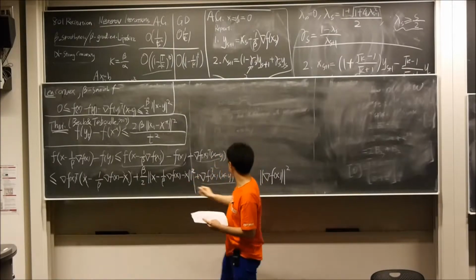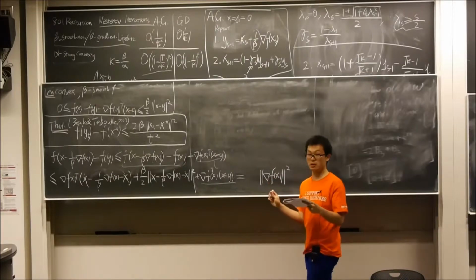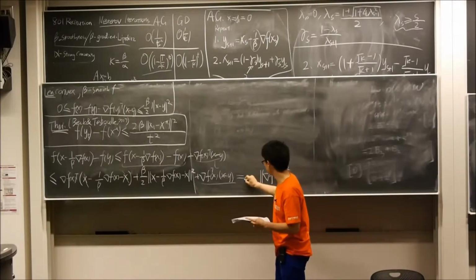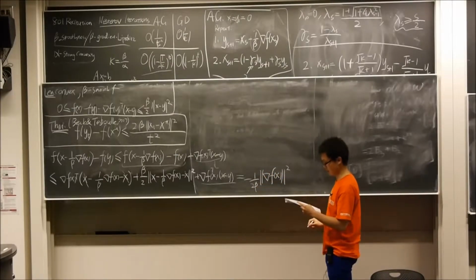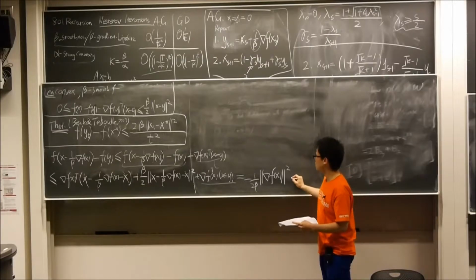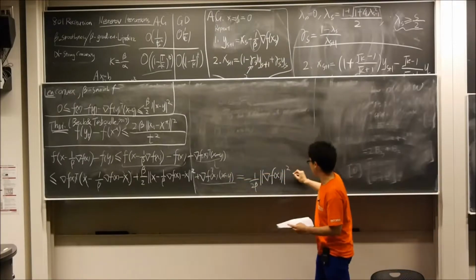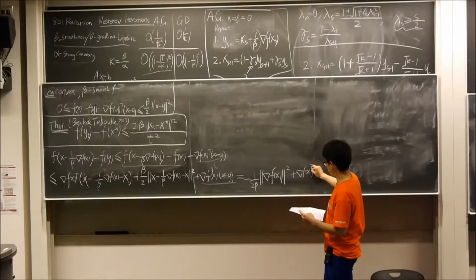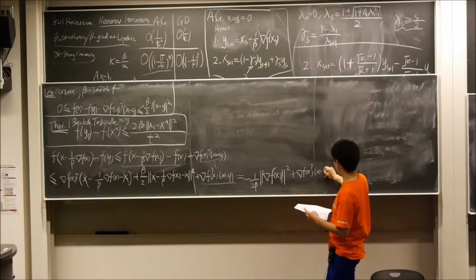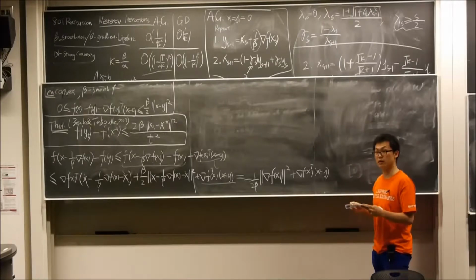So this is also the same thing, so we can combine the two terms, and it turns out that the coefficient becomes 1 over 2 beta, minus 1 over 2 beta. And again, this term carries over. Okay, is everything clear?